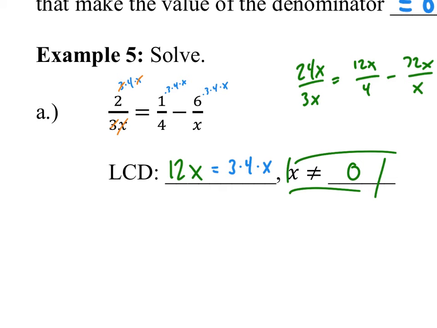And so I'm just left with 4 times 2, which is 8. And here, the 4 would cancel the 4. So now I'm left with 1 times 3 times x, which is 3x. And then here the x's will cancel. And so I'm left with 6 times 3, which is 18. 18 times 4 is 72. So minus 72.